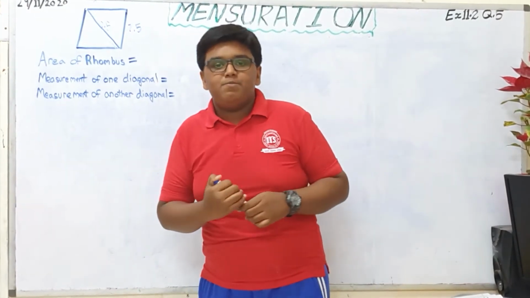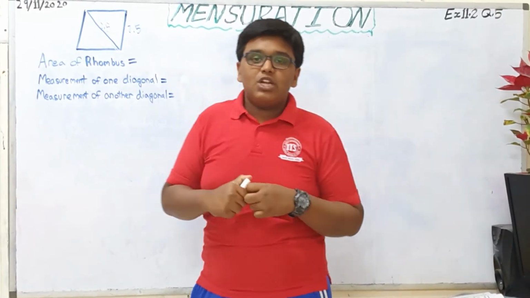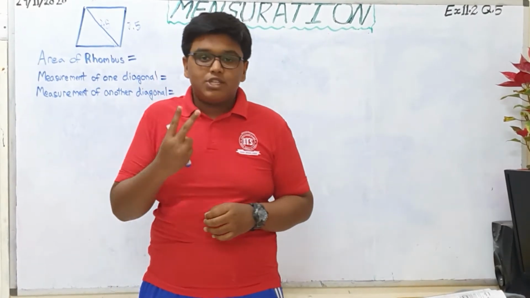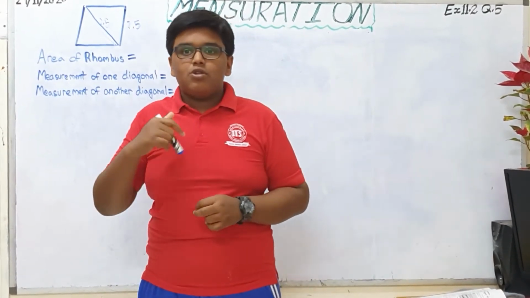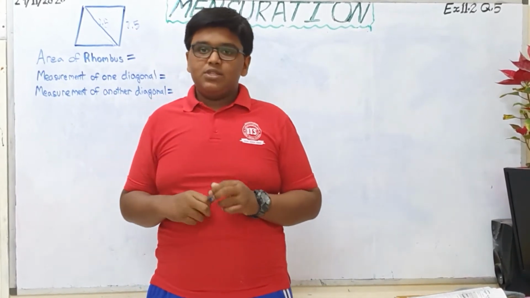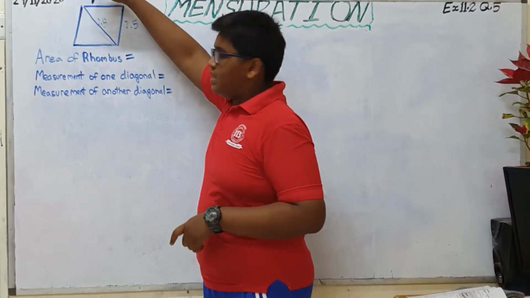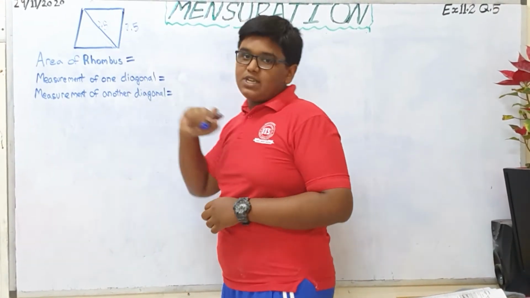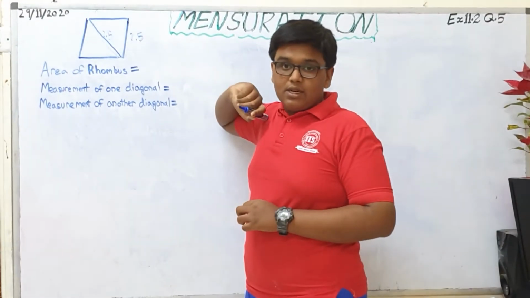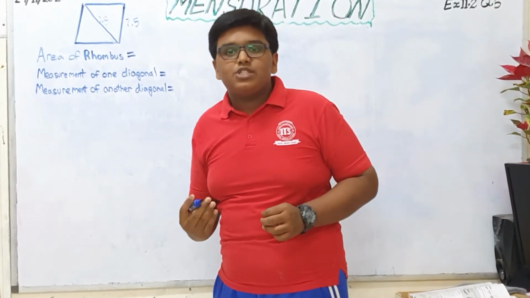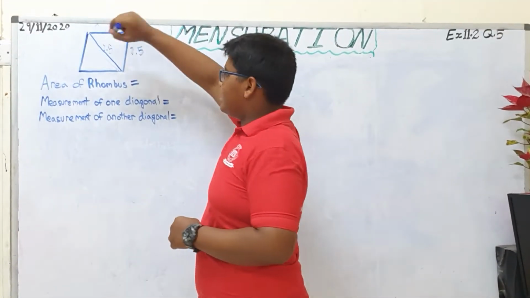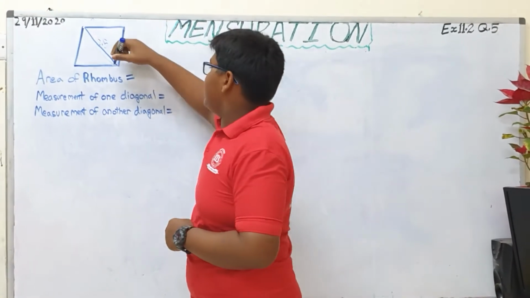Before going to the measures, I would like to tell you a diagonal is a line segment connecting two non-consecutive vertices of a polygon. Now what is a line segment? It's just a line. A line segment connecting two non-consecutive vertices, so these both are non-consecutive, and the diagonal is connecting them both.